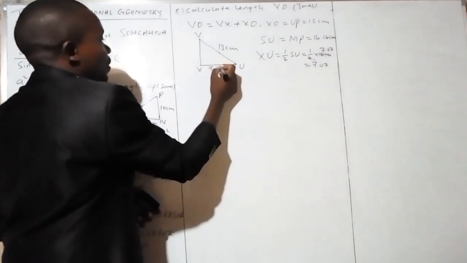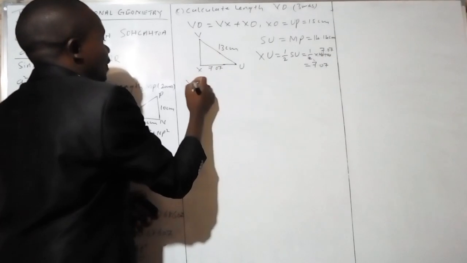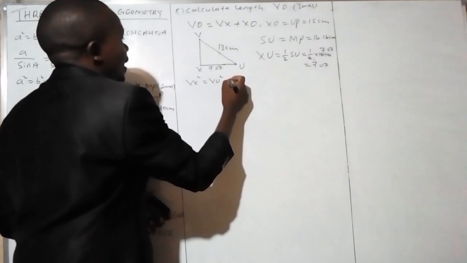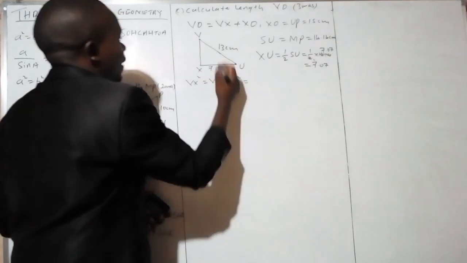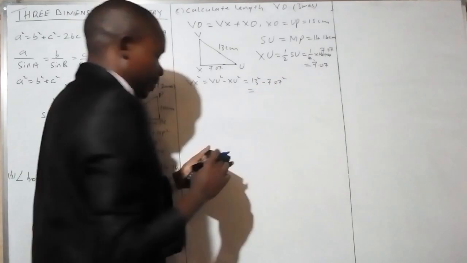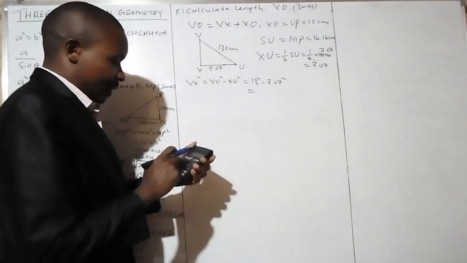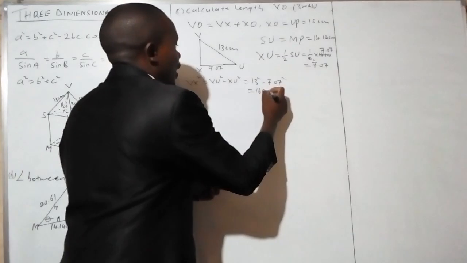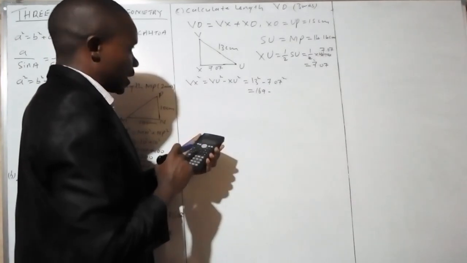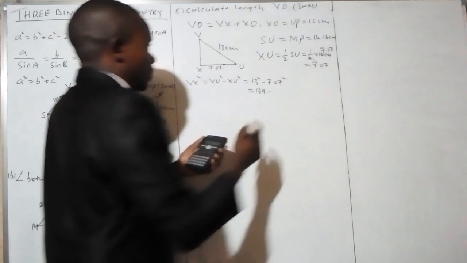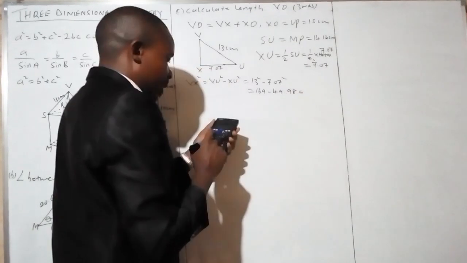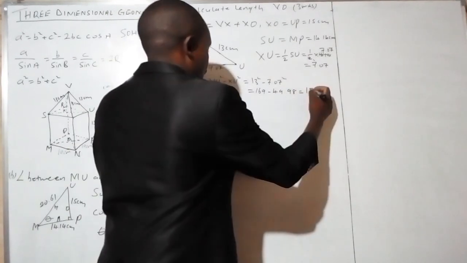You can get VX squared is equal to VU squared minus XU squared. VU is 13 squared minus 7.07 squared. 13 squared is 169. 7.07 squared is supposed to be 49.98. 169 minus that gives 119.02.